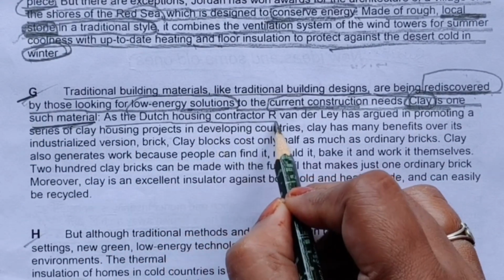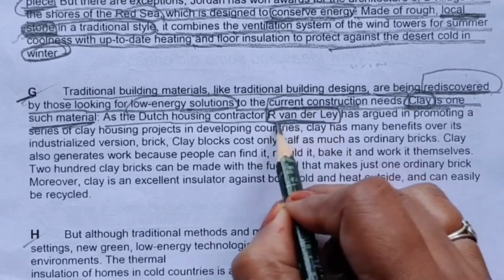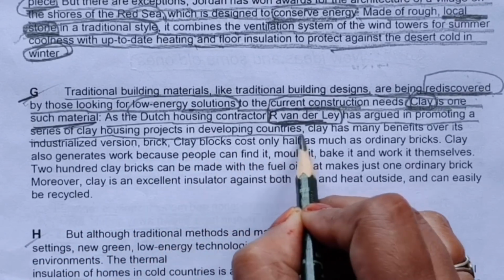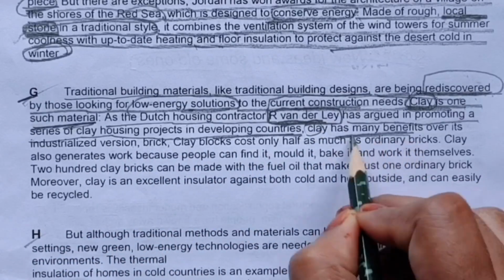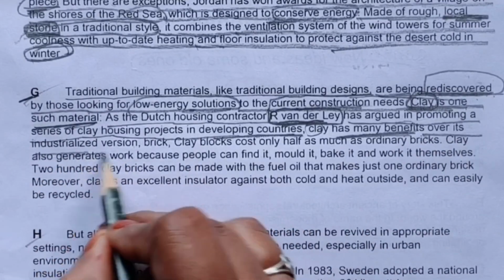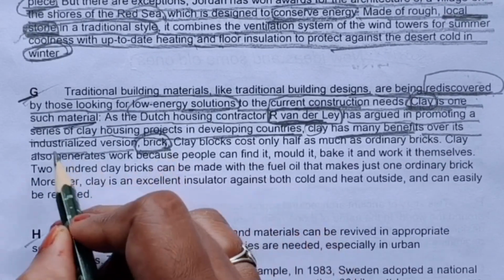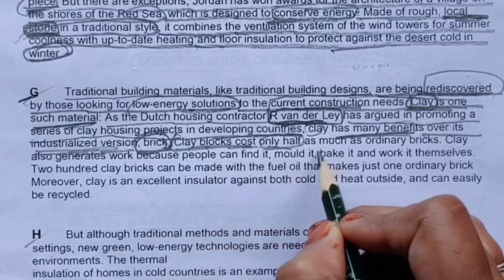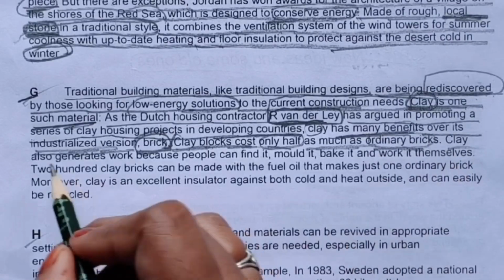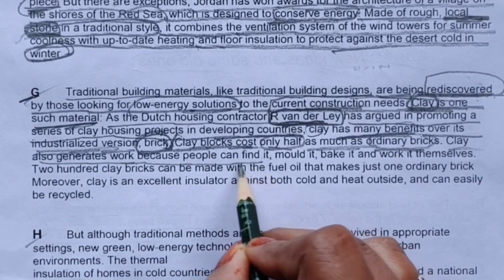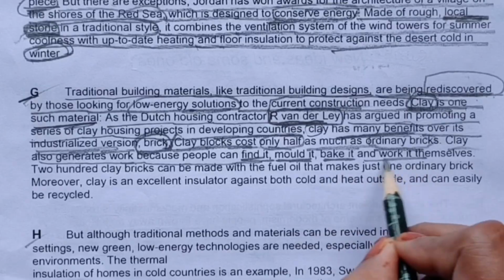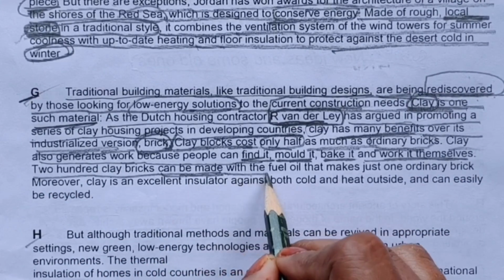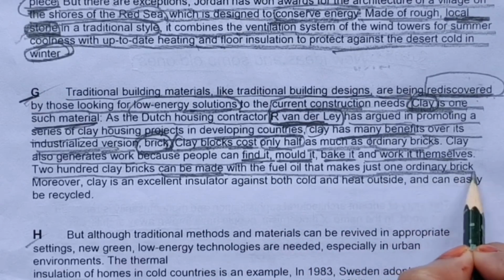As the Dutch housing contractor R. van der Leyen, so this is also our keyword, has urged in promoting a series of clay housing projects in developing countries. Clay has many benefits over its industrialized version, brick. Brick is an industrialized version of clay. Clay blocks cost only half as much as ordinary bricks. Clay also generates work because people can find it, mold it, bake it and work it themselves. 200 clay bricks can be made with the fuel oil that makes just one ordinary brick.